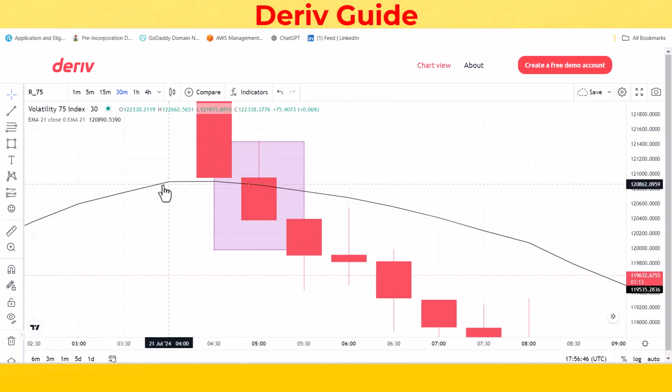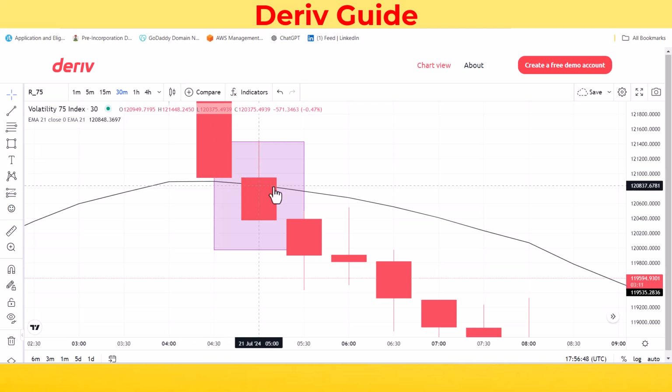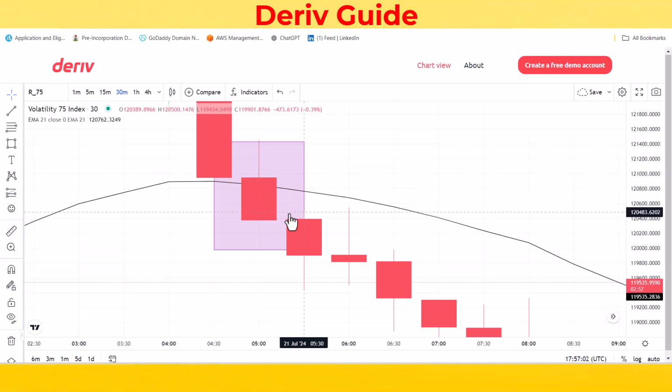If I get a candle like this on my 21 EMA, my 21 moving average, going down in a downtrend, a confirmed downward movement, and I have the body crossing and ending below the moving average, I will prepare for a sell, and this is where I'll place my trade.